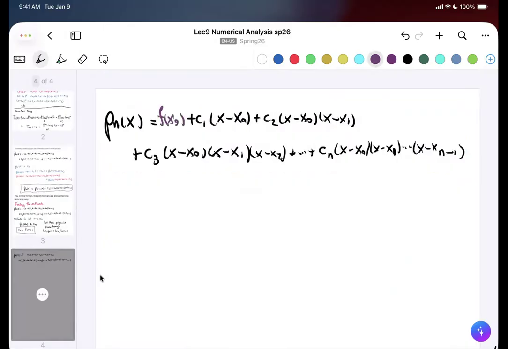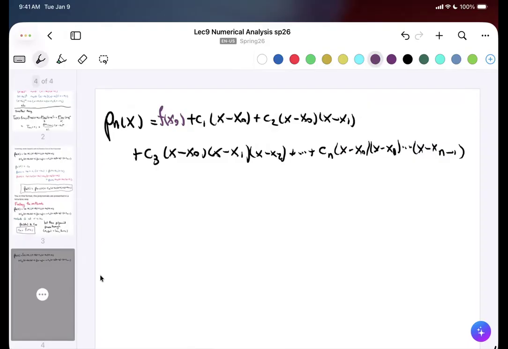Is that okay so far? Okay, and now the strategy is the same in the sense that you want to evaluate this at a convenient value of x. So what would be the most convenient value? We already used x0. So what would be another useful value to continue with in this equation? What should I plug in there? x1, right?